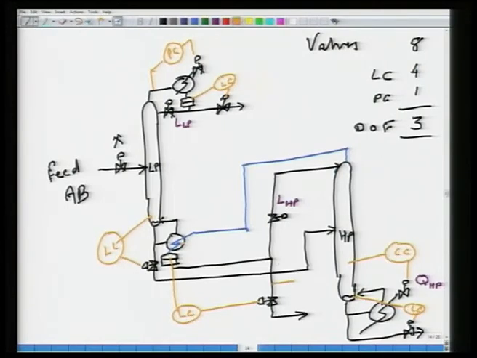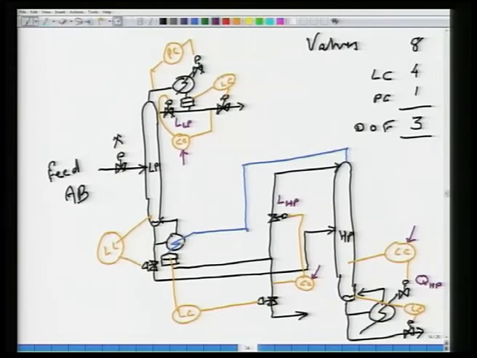Right here, that is what would set this guy. And what is the impurity level here, or trying to set a tray temperature, is what would set this guy. So the operator is adjusting this set point, this set point, this set point. Through these controllers, the reflux in the two columns and the reboil in the HP column get adjusted to get the kind of separation that you would like.